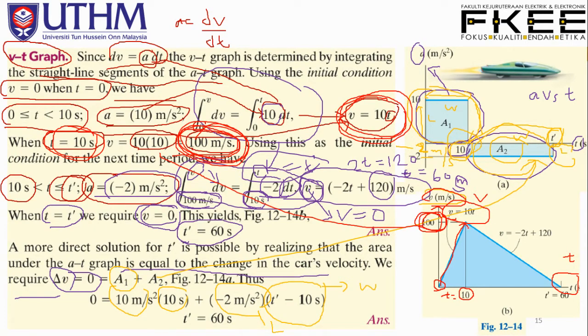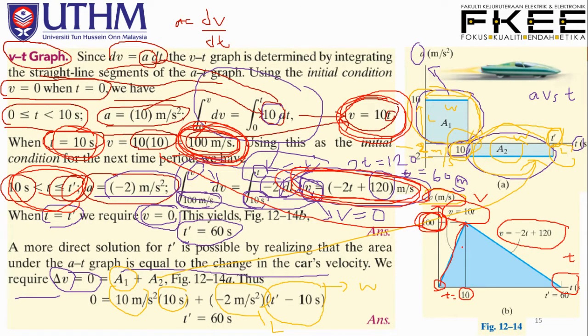And then after t equal to 10 seconds, t greater than 10 seconds but less than t prime, this is the relationship. This is the equation of the v: v equal to minus 2t plus 120, so that's why we put it here.